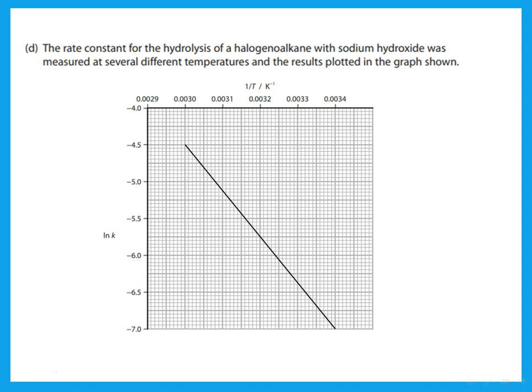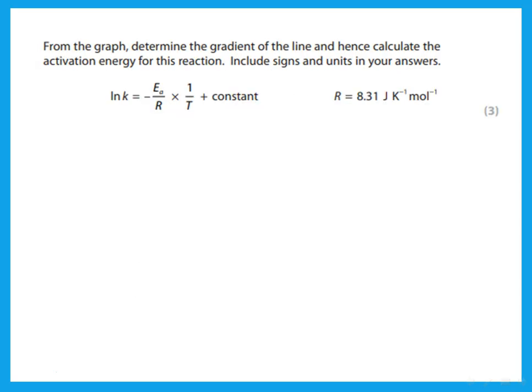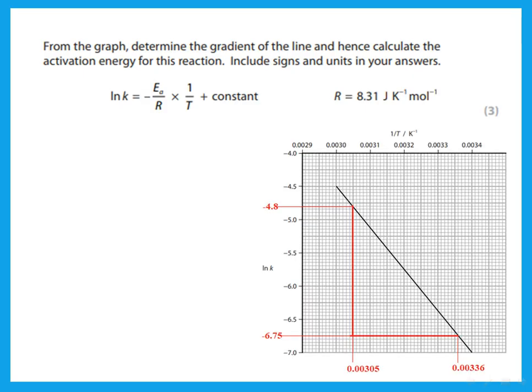The rate constant for the hydrolysis of a halogenoalkane with sodium hydroxide was measured at several different temperatures, and the results plotted in the graph shown. So he already gives me the graph, and he says from the graph determine the gradient, calculate the activation energy. So again, you should know how to calculate gradients from math.